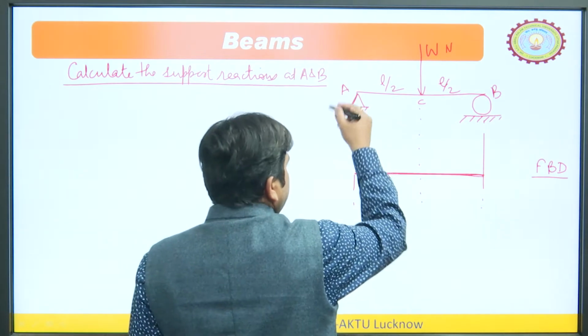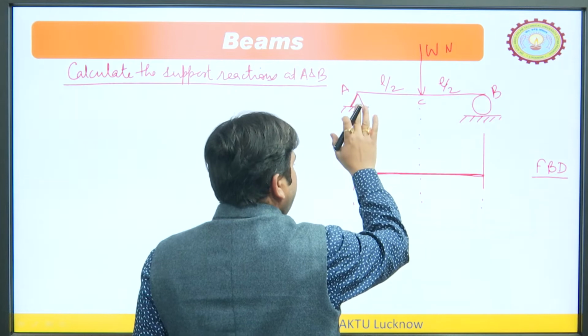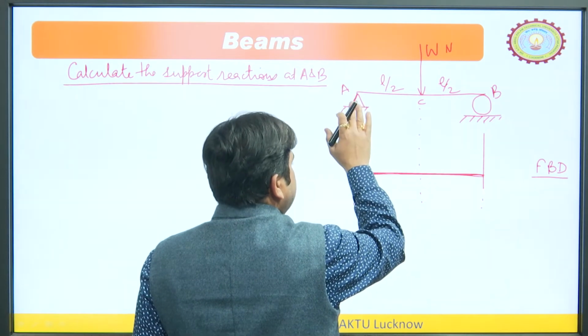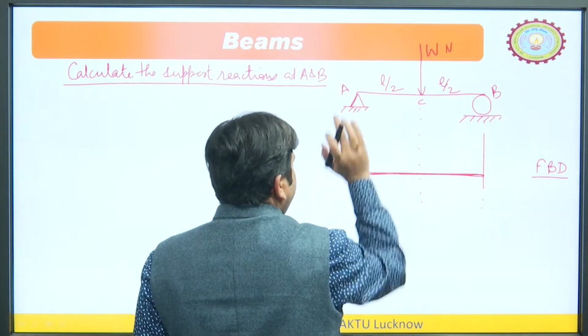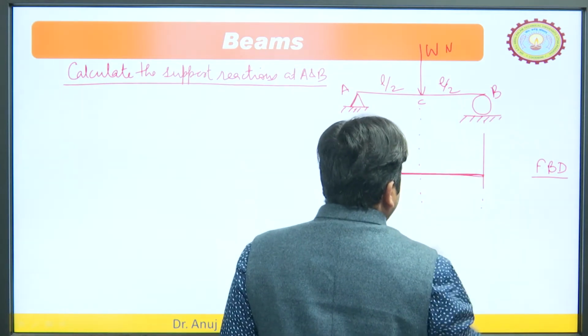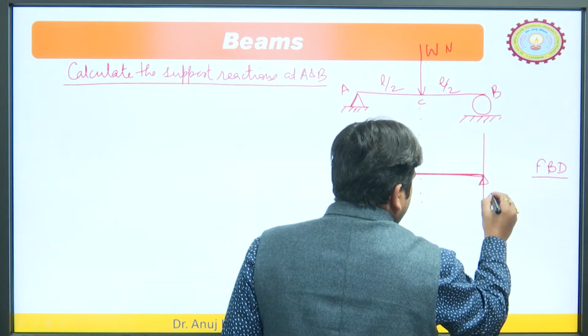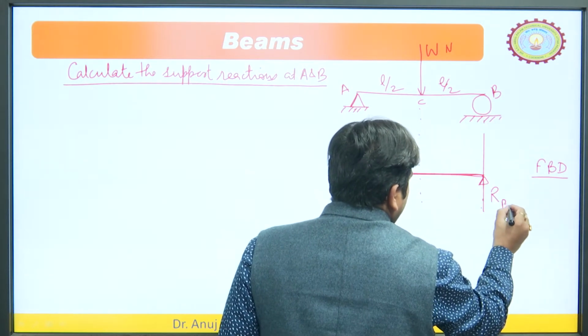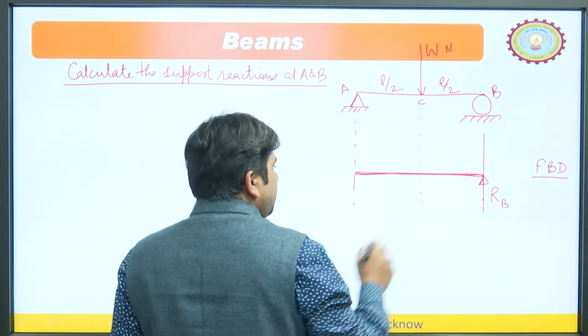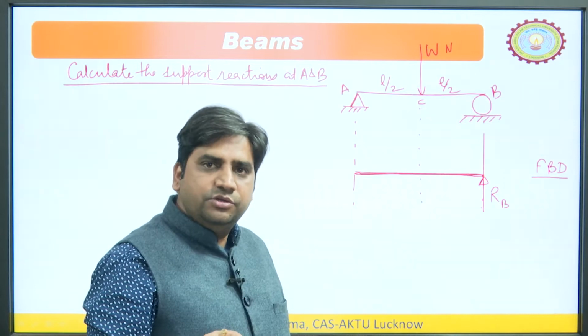This is the hinge support. We can take this as a hinge, or as a simple support. If we take it as a hinge support, then we can easily calculate this beam. It is a statically determinate beam, because on the other side it is the roller support, which provides one reaction here. Let this reaction be R B, the reaction at point B. Different books have different notations; sometimes they show reactions by N, so you can also take that.